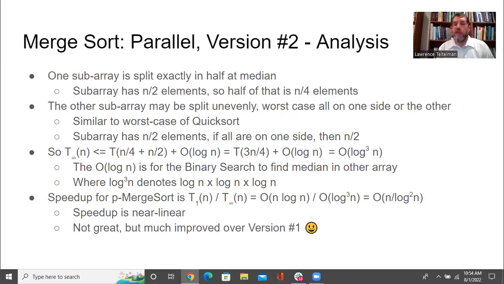So does anyone see any opportunities there for parallelization? Yeah, the two calls to quicksort, instead of running them serially, sequentially, we could run them at the same time. All right, anything else? What about partition? That's the other choice.